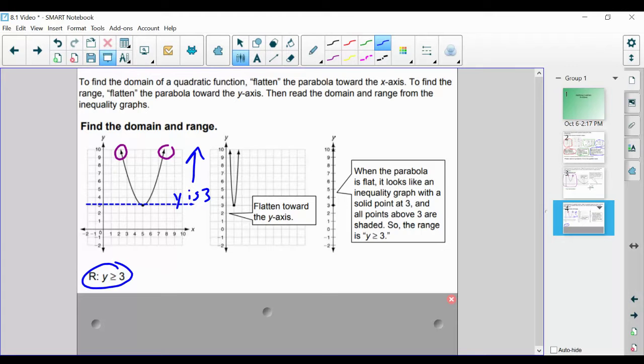Now, if our arrows were pointing down, we would be trying to find the biggest y value. So if this was flipped, let's say we flipped it in the green, for this one it'd be y is less than or equal to 3. Since we're going down, our y values are going smaller and more towards those negatives.